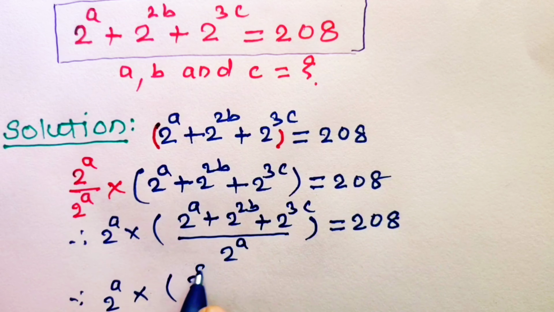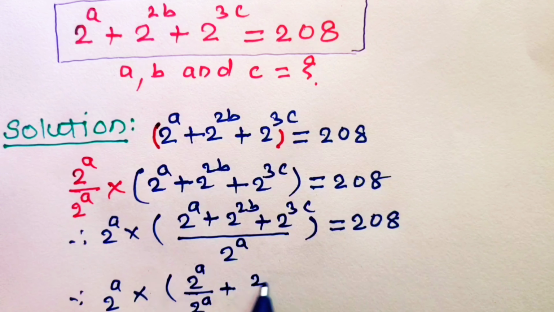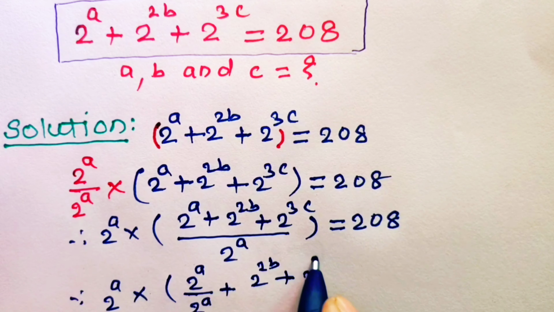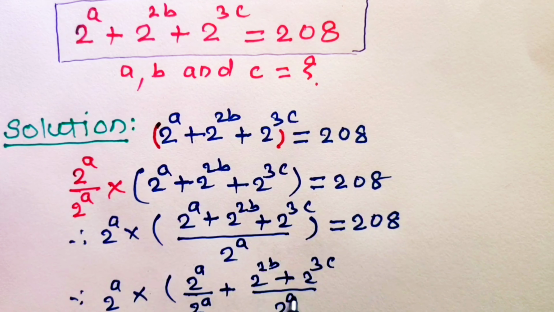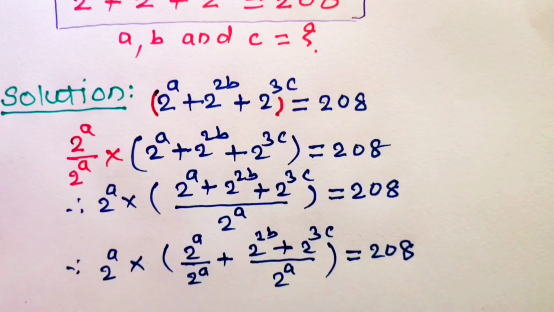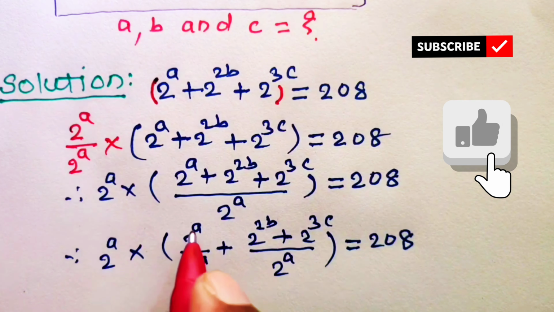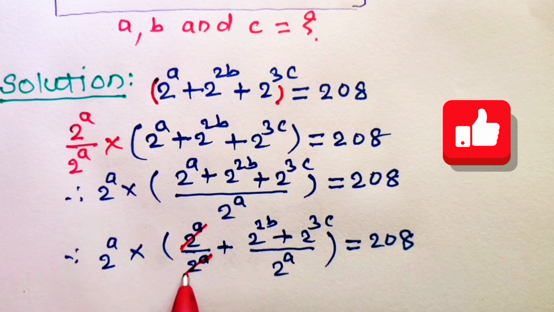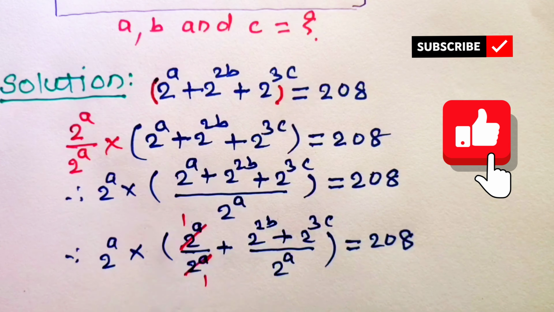Hence 2 to the power a divided by 2 to the power a plus 2 to the power 2b plus 2 to the power 3c divided by 2 to the power a bracket close. This is equal to 208. Now this 2 to the power a cancels with this 2 to the power a, 1 by 1.